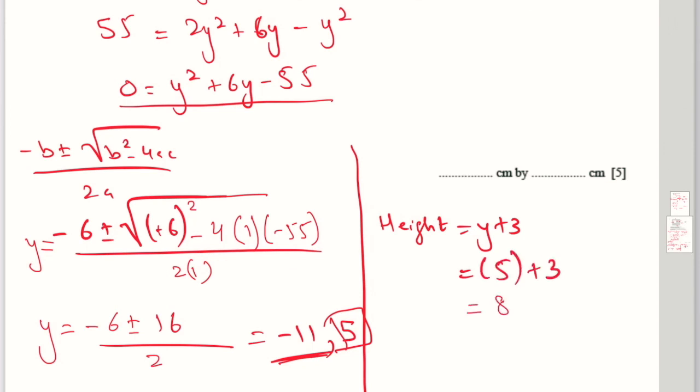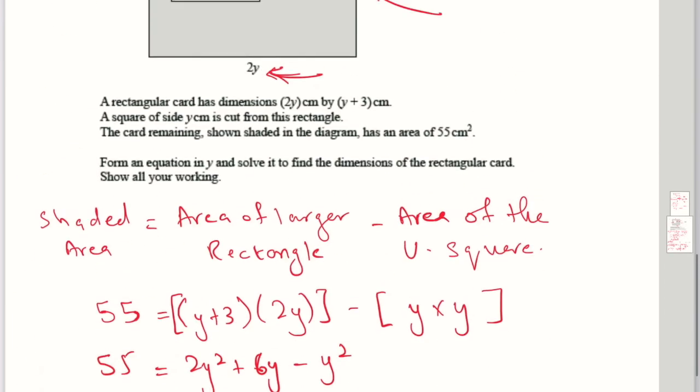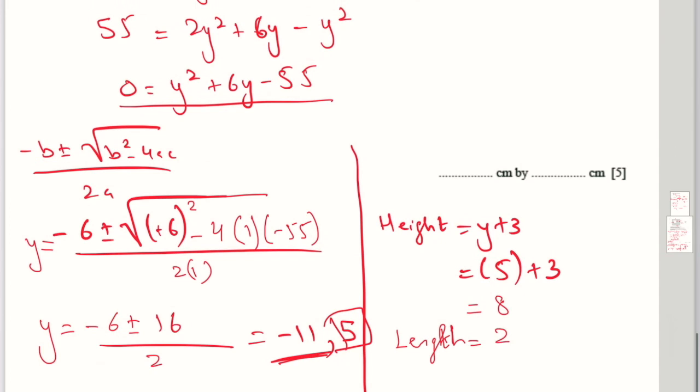That gives us 8. And the length, which is 2y, becomes 2 times 5, so it gives us 10. So the height is 8 centimeters and the length is 10 centimeters. Let's write that over here: 10 centimeters by 8 centimeters.